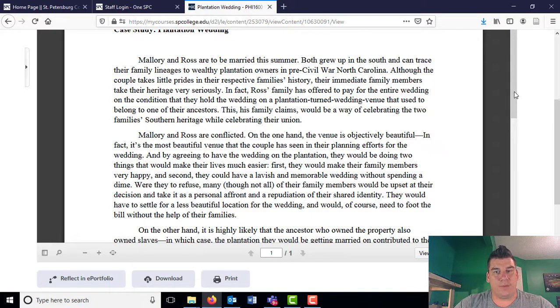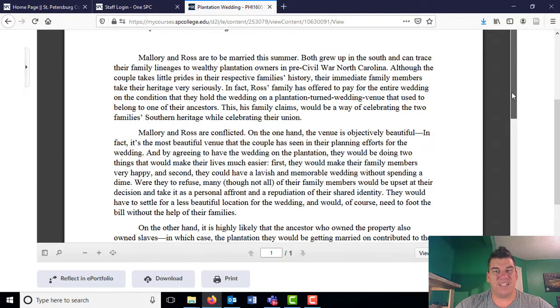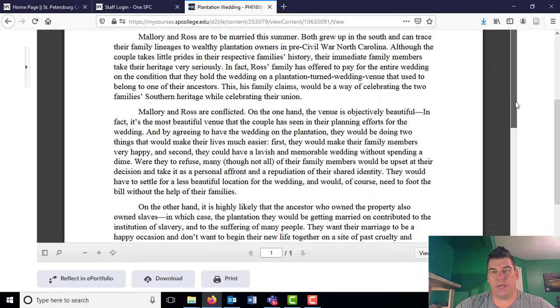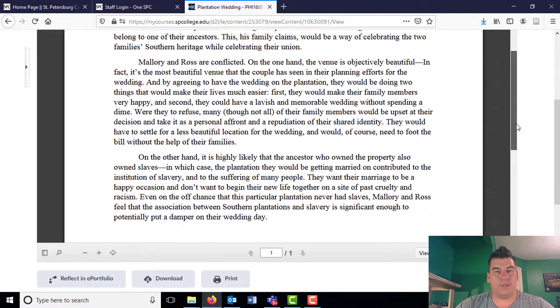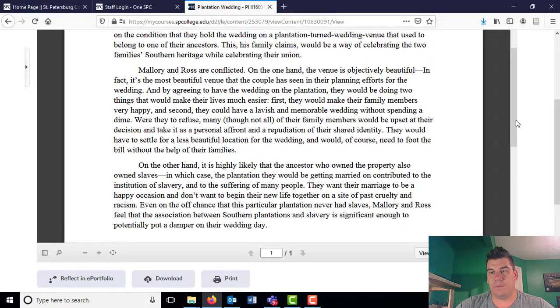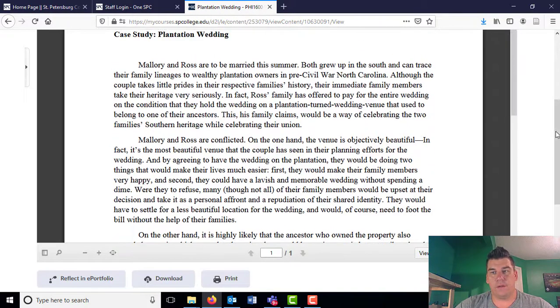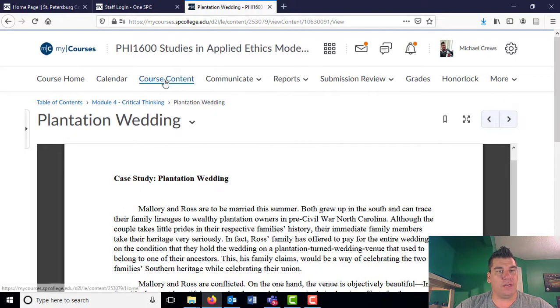We're all using the same case, but it's going to be different because we're all going to be looking at it from our own unique perspectives. So you need to read this case about Mallory and Ross and how they're planning their wedding because everything we do with the assignment is going to come from this particular case study. Okay, so once you've read the case study, you're ready to get started on the assignment.